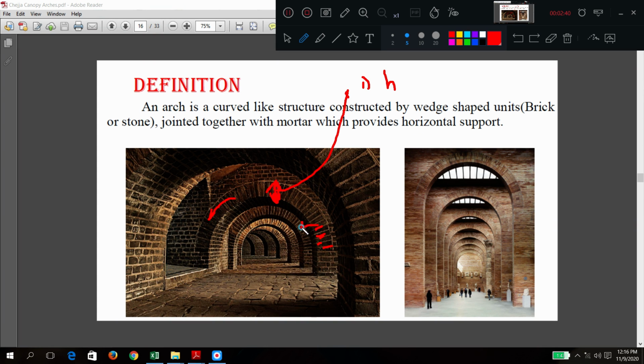Thickness is in another direction; this is the thickness, this is the height.